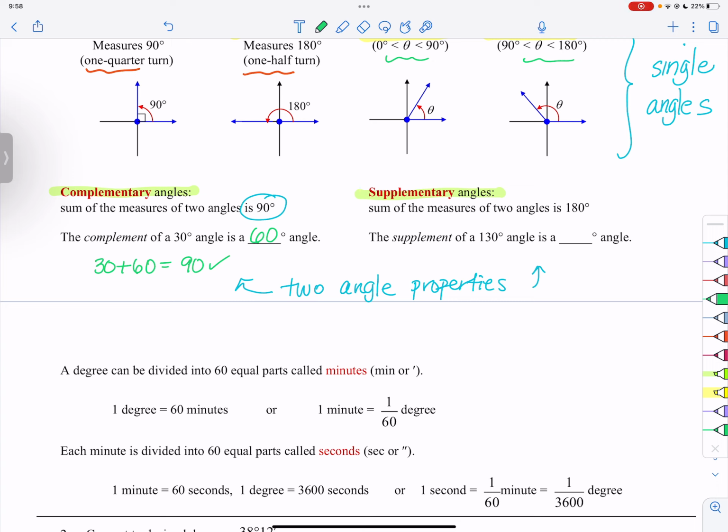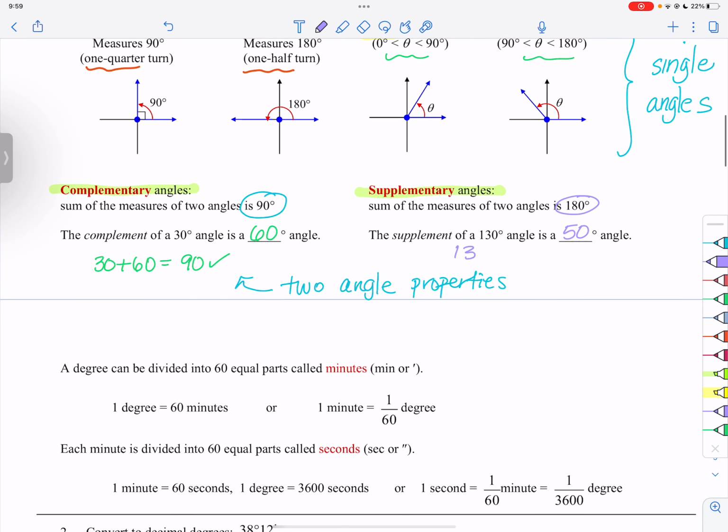This is when the sum of the two angles is 180 degrees. So the supplement of a 130-degree angle must be a 50-degree angle. That's correct, and that is because 130 plus 50 is 180.